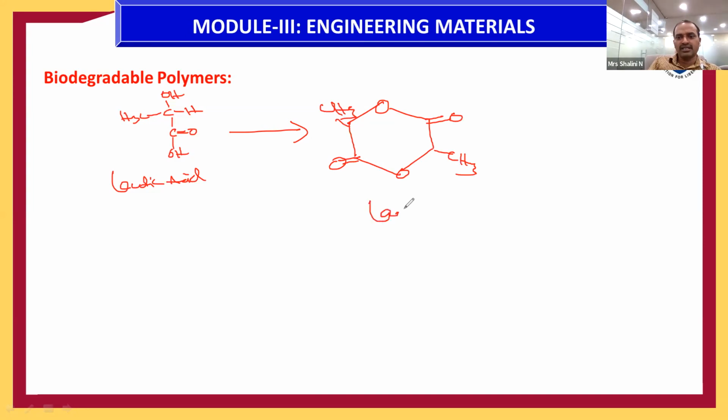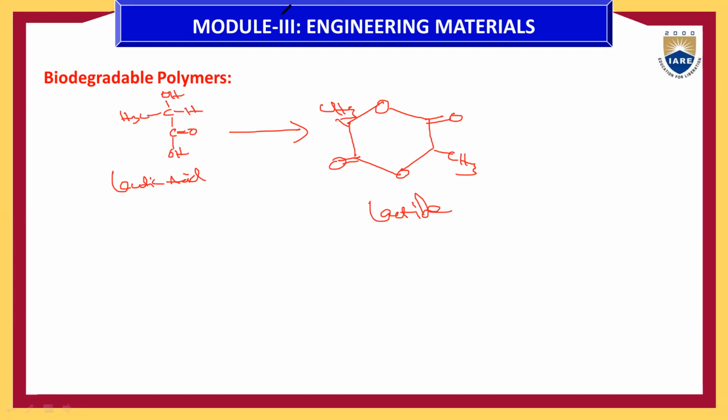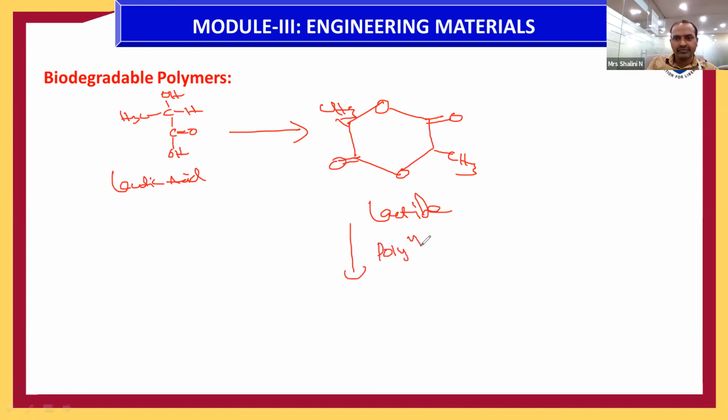This is the lactate. So lactate formation. This lactate undergoes polymerization, and that is how we get the polylactic acid.